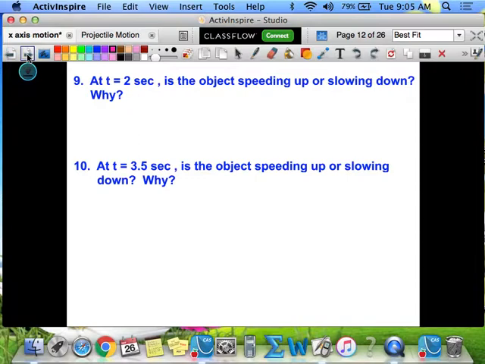Alright, at 2 seconds, is the object speeding up or slowing down? What 2 pieces of information did we need to answer that question? The velocity and acceleration, not just any velocity and acceleration, but at time equals 2. So we need v of 2 and we need a of 2. What was the v of t function? 3t squared minus 12t plus 9.